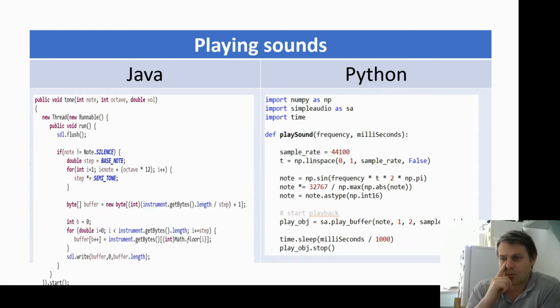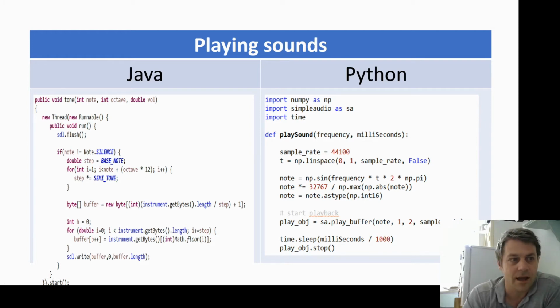Now playing sounds, I'm not going to go through this, but this took a bit of messing around to get the play sound method to work with frequency and timing. This method is good. I did try 3 or 4 different ways, but there's one thing to say about this, and that is I had to import some libraries.